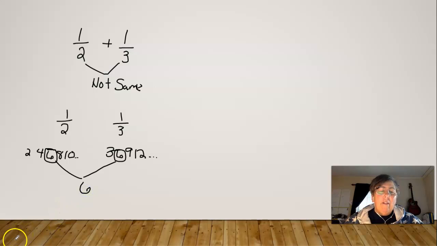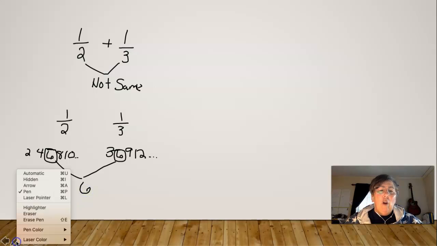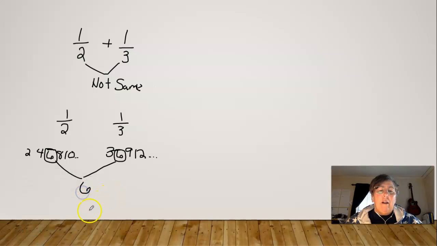And the 6 is also going to be the common denominator, because that's the common multiple. So I'm going to say equals, and put a 6 down here as a denominator. And over here, I'm going to do the same thing: equals, and a 6 as a denominator.